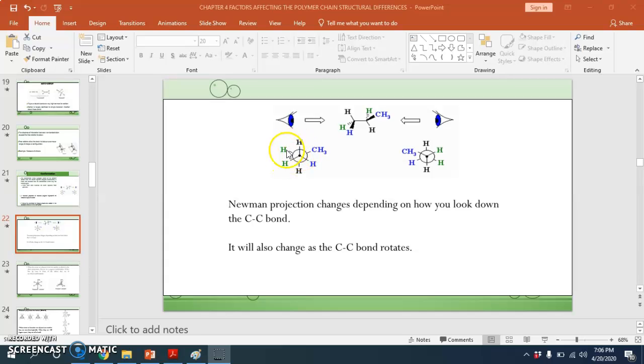Rotation about the carbon-carbon bond results in many different possible molecular conformations.